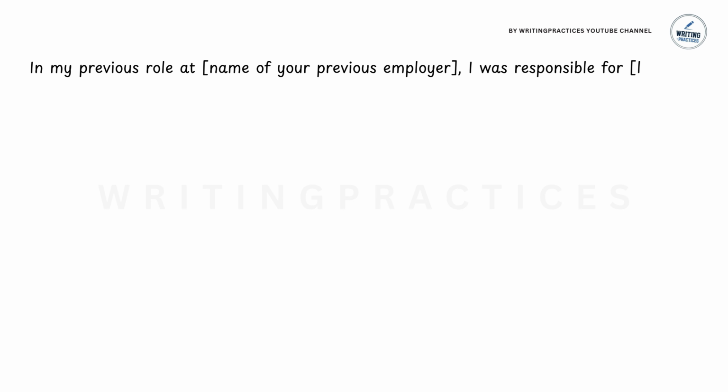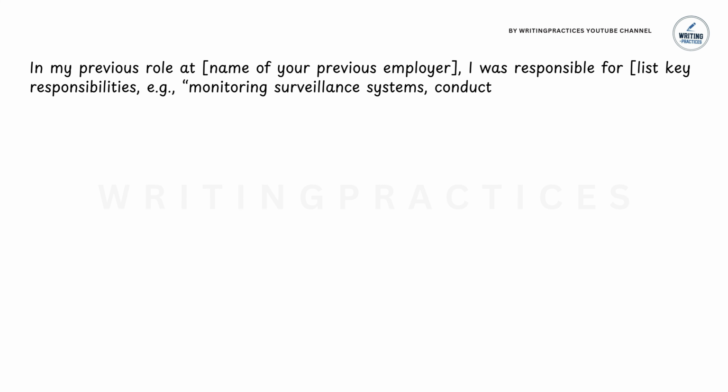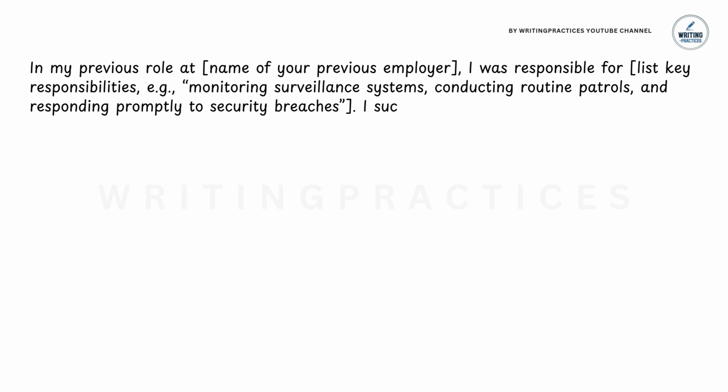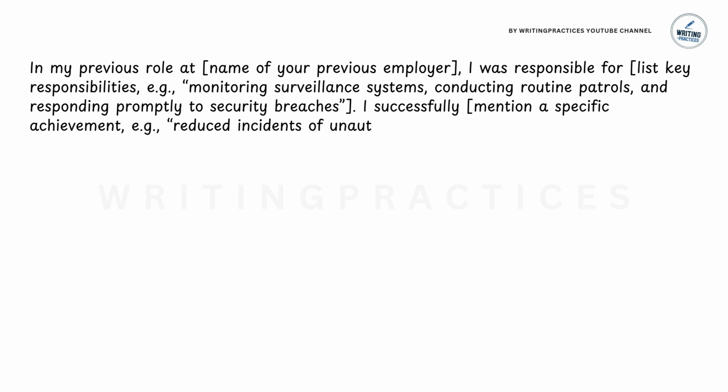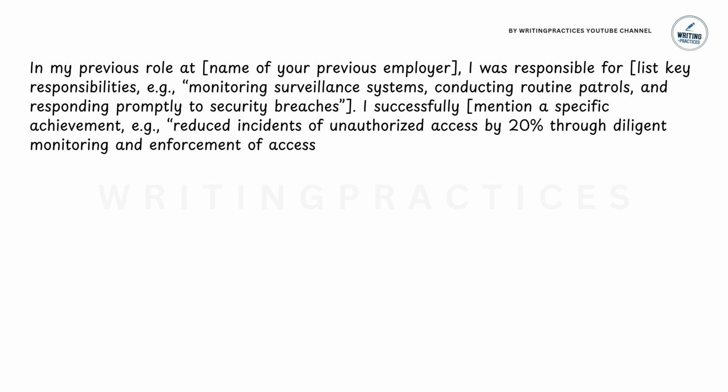Body paragraphs. The body of the letter is where you elaborate on your skills, experience, and qualifications. In the template, this is broken into detailed examples like, in my previous role at name of your previous employer, I was responsible for listing key responsibilities, such as monitoring surveillance systems, conducting routine patrols, and responding promptly to security breaches.